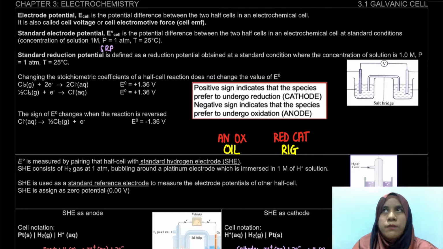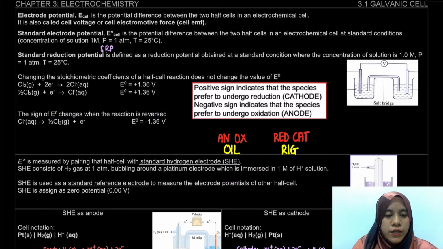Okay, when we learned back in chapter 2 about Hess's law, if we have an equation and we divide it by 2, the delta H must be divided by 2 as well. But for the case of E0, it does not change the value of E0 when we divide or multiply the stoichiometric coefficient. However, the sign of the E0 will change when the reaction is reversed.